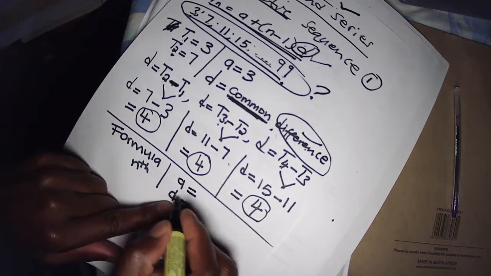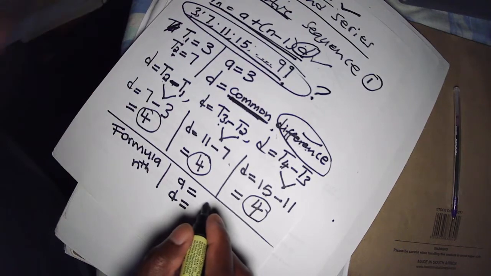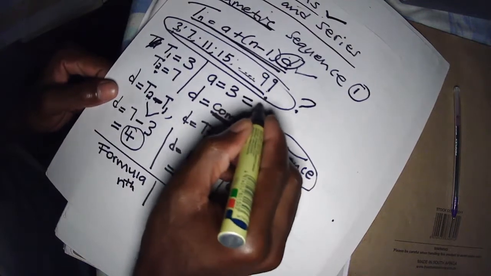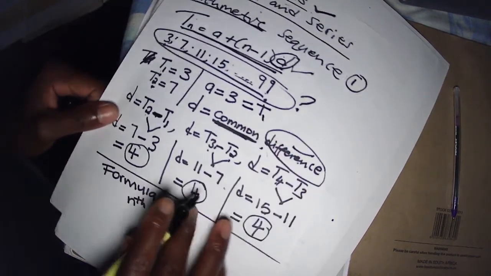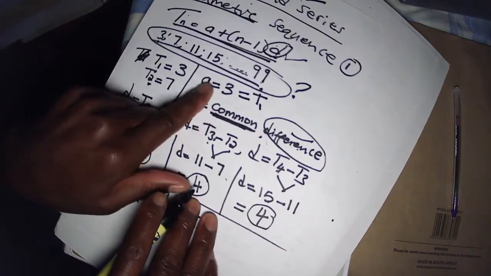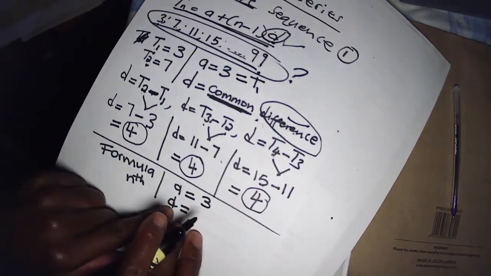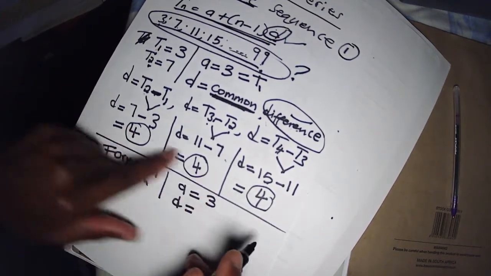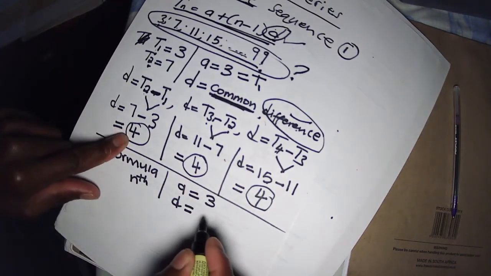A is the first term. A is equal to T1. I should have indicated that here. You can see A is equal to T1. So A is 3, and D is the 4 that we calculated from here.